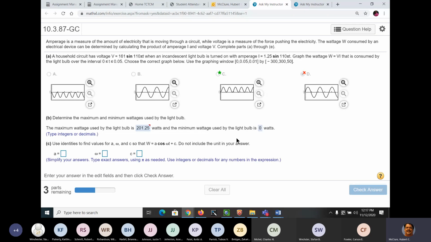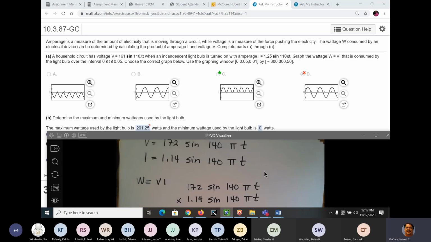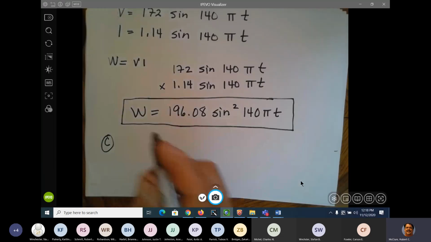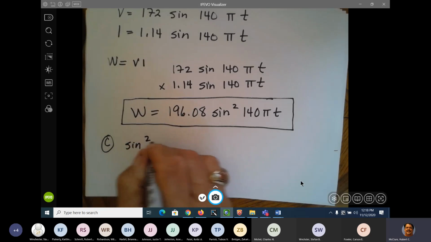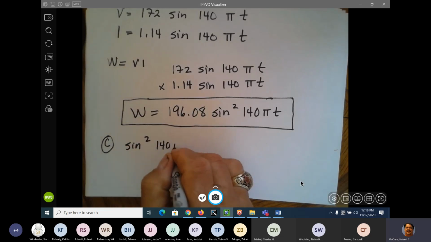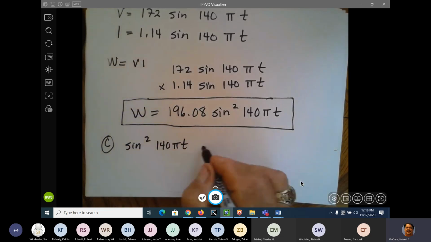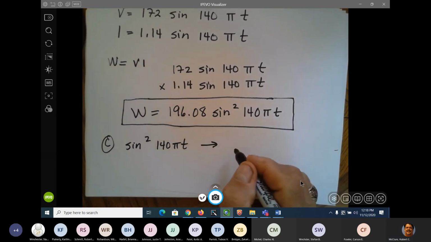So this is C. We know that the sine squared of 140 pi t kind of resembles, or we want it to look like the cosine of WT.